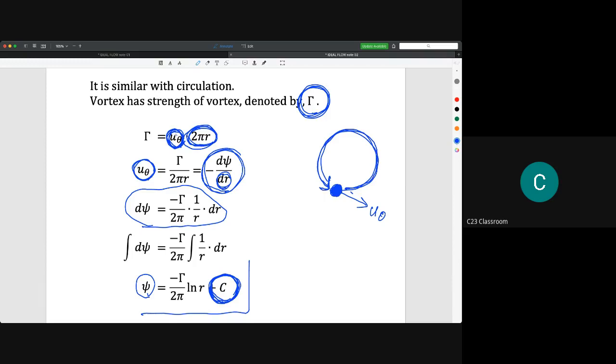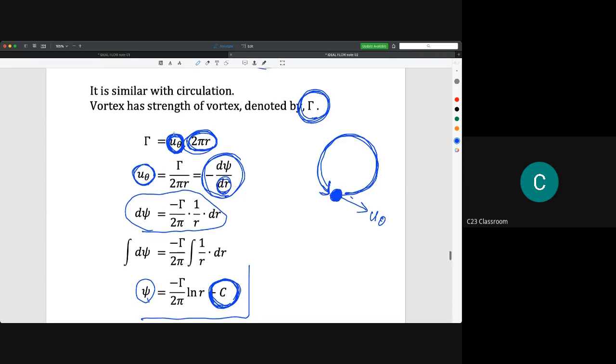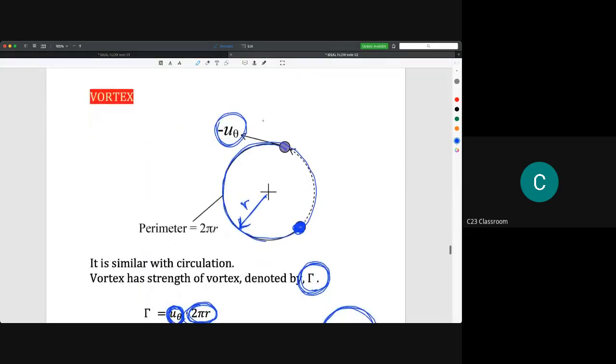But in my lecture notes now, I use u theta without a negative sign, because some students say that this direction is counterclockwise, so we give a negative u theta here, but it is okay not to put a negative here. Okay, I made a mistake. I forgot to erase this symbol.